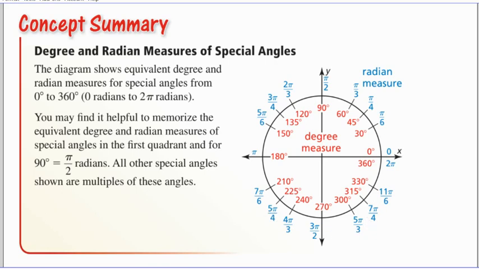So for example, if we had this angle with an initial side on the positive x-axis and a terminating side at 120 degrees, we could just know that 120 degrees is the same as 2 pi over 3. Instead of having to calculate it, we could have our unit circle memorized.